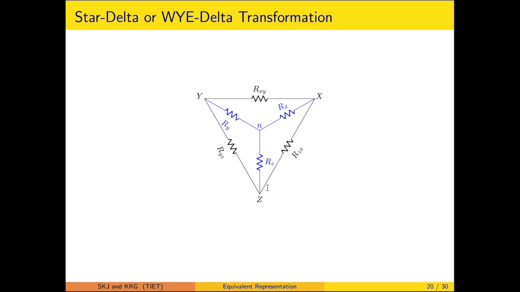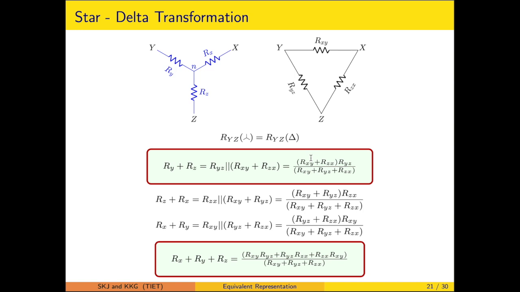Ultimately the purpose is to relate Rx, Ry, Rz in terms of Rxy, Ryz and Rzx, or the other way around. That is why we go for the transformation, which is regarded as the star delta transformation or delta star transformation. It will be clearer when we separate these two circuits.